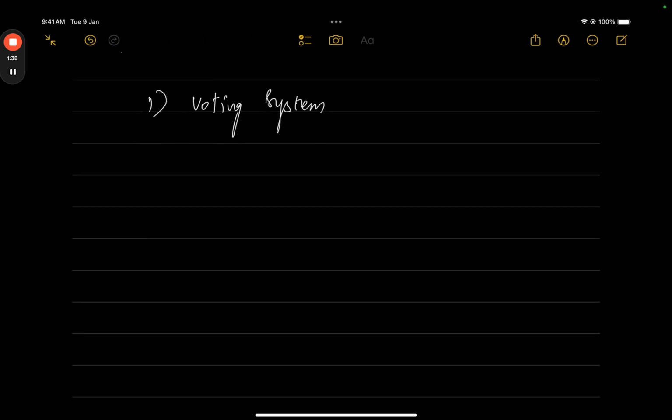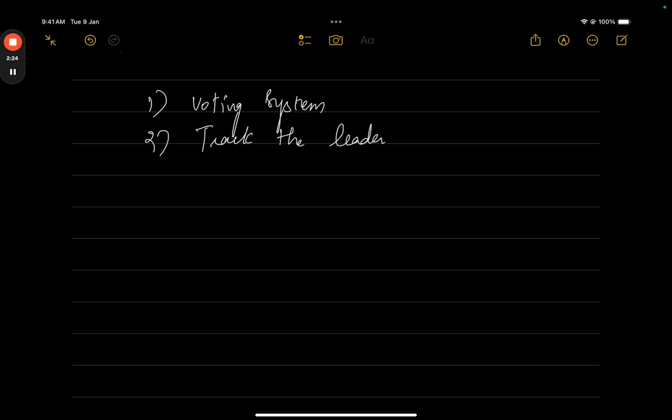Each vote consists of a candidate ID and the time when the vote was cast. Then we have to track the leader as well. At a particular time, after each vote is cast, we want to determine which candidate is the leader, the one who has received the most votes up to that point in time.